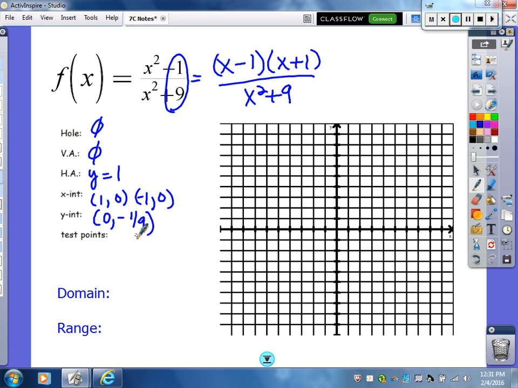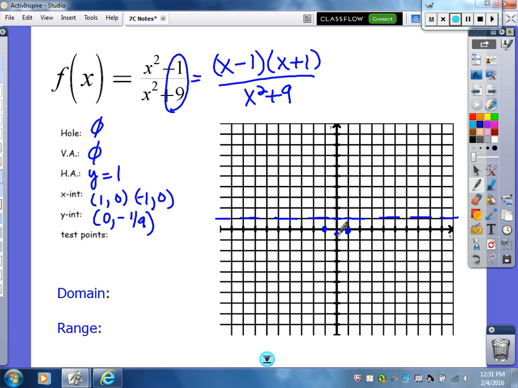So let's see what we've got. We don't have a vertical asymptote, but we do have a horizontal asymptote at y equals 1. Now we can graph the points that we've got: 1, 0, and negative 1, 0, and then 0, negative 1/9. So it's dropping down like that.